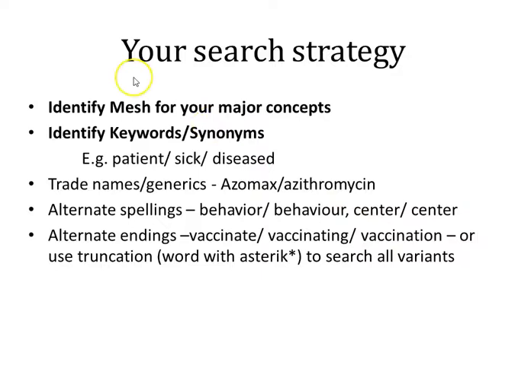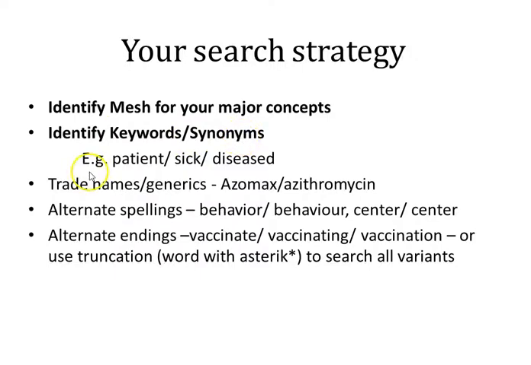Now, I am going to discuss search strategy in case you need hundreds of articles. For example, when you are writing reviews and systematic reviews, you need many articles. And for that, you need to first identify MeSH words for your major concepts. Identify their keywords or synonyms.